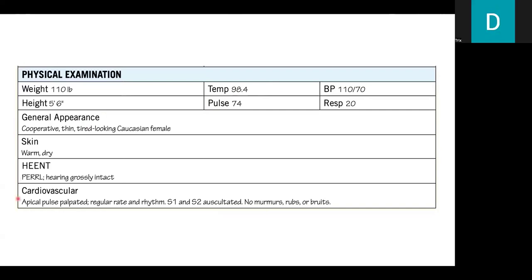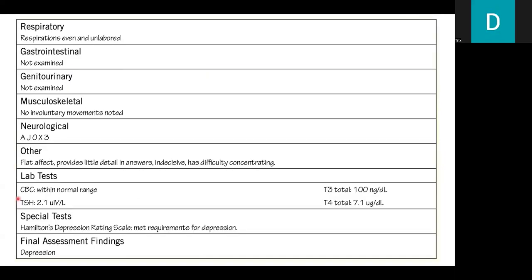Her cardiovascular: apical pulse palpated, regular rate and rhythm, S1 and S2 auscultated, no murmurs, rubs, or bruits. For respiratory, respirations even and unlabored.